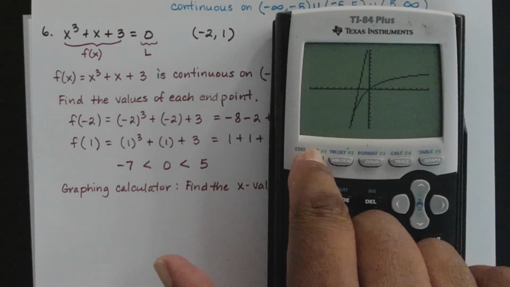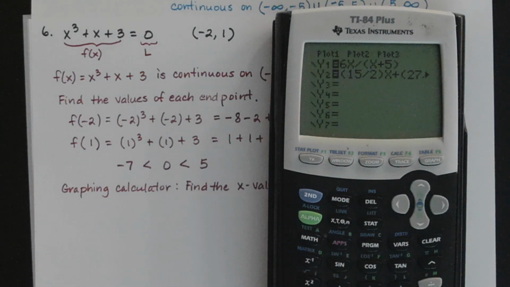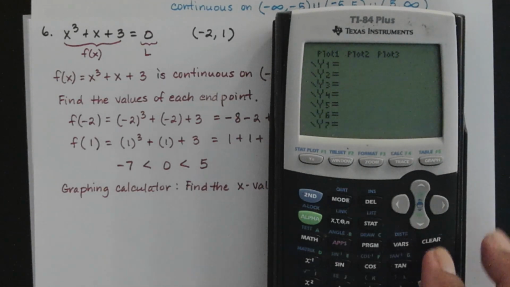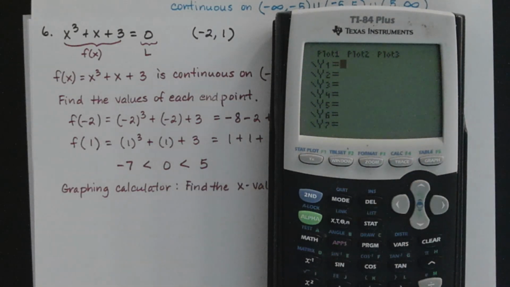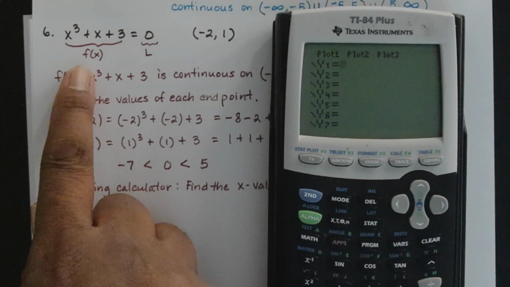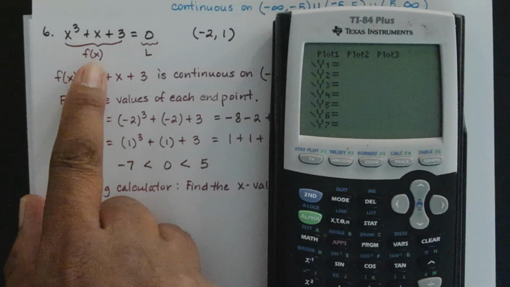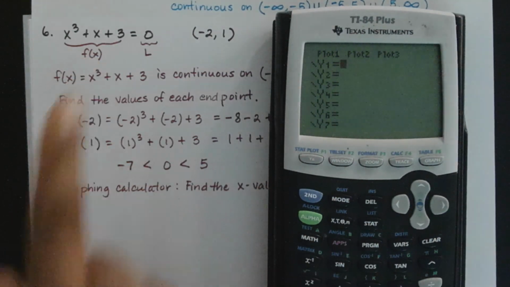Using the graphing calculator, we're going to go to y equals, and I'm going to clear these equations out. In y1 I'm going to enter what f of x is, which is x cubed plus x plus 3.